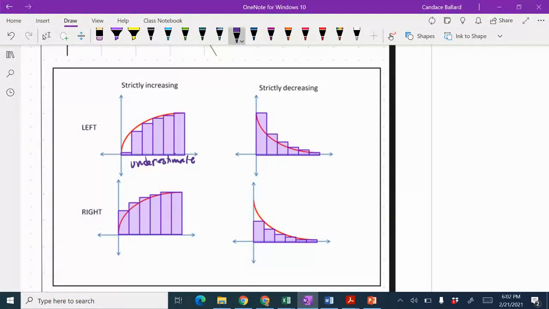But if we're doing right intervals on it, we're coming from this direction, it would be an overestimate. And again, I always just get it right from the picture. If we're doing strictly decreasing with left rectangles, then it is an overestimate. And if I'm doing strictly decreasing and coming at it with rectangles from the right, it is an underestimate.